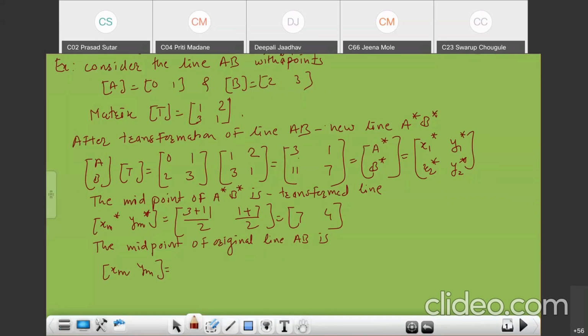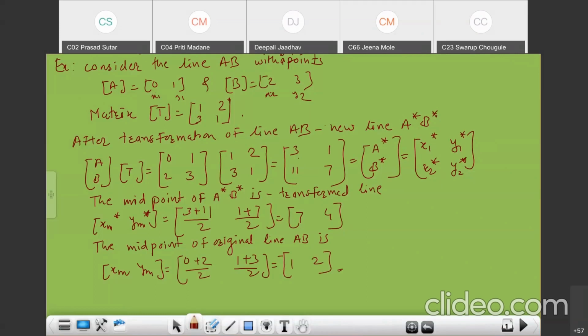This is x1, this is x2, y1 and this is y2. So add it: (0 plus 2) divided by 2, (1 plus 3) divided by 2. So it is equal to 1 and 2. This is the midpoint of original line AB.